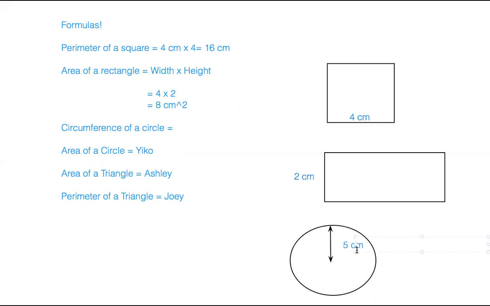Okay, question, how do you find the circumference of this circle? Pi times 5 times 5. No, that is area of a circle. Circumference is the perimeter. Can you check again your formula?